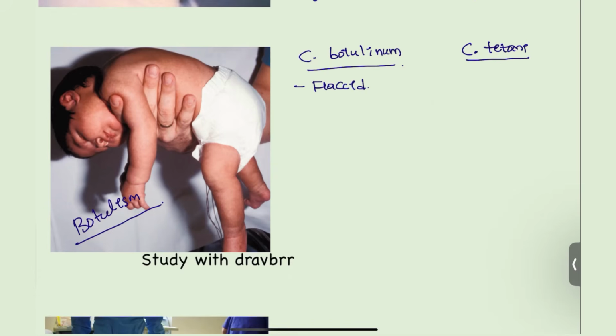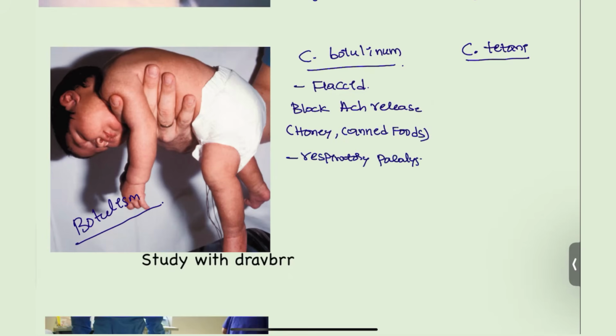Why this flaccid paralysis is occurring is because it is going to block the acetylcholine release. Usually this is caused due to unhealthy honey or canned foods in the children. Okay, that's why over time the patient will have this flaccid paralysis, and if it progresses, it can even cause respiratory paralysis. Immediately the death can be seen in this patient.